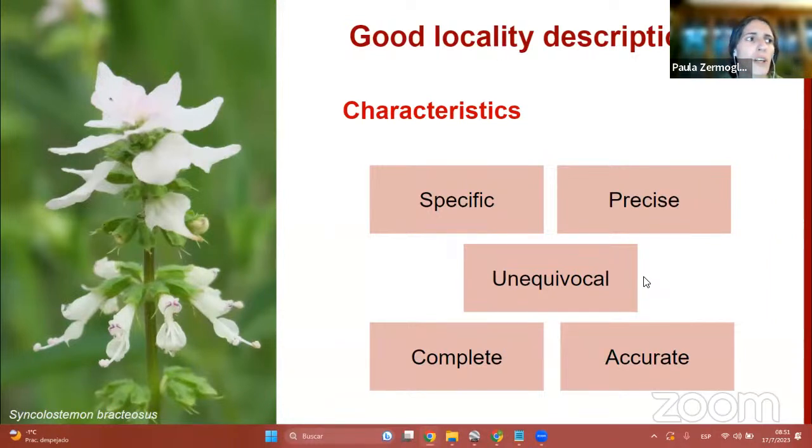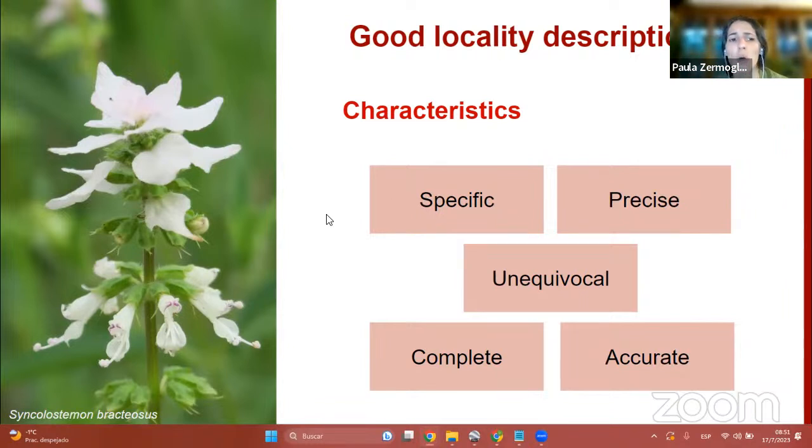So, for example, for someone that called the Democratic Republic of Congo Zaire, for them that was pretty specific and precise and unequivocal, because at that time, that was the name of the country. However, for us, now, that name does not apply anymore.